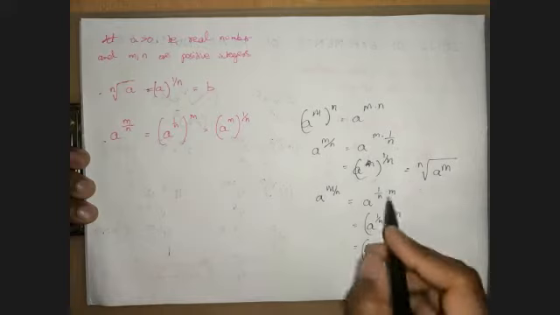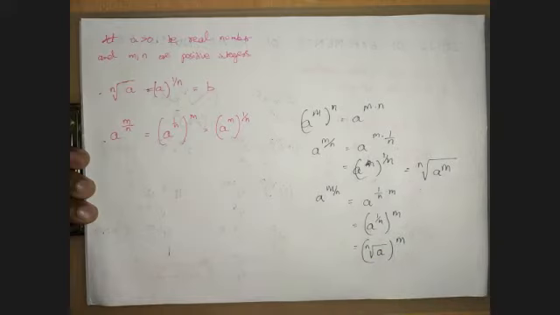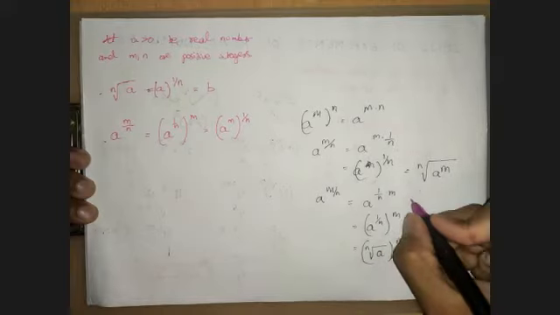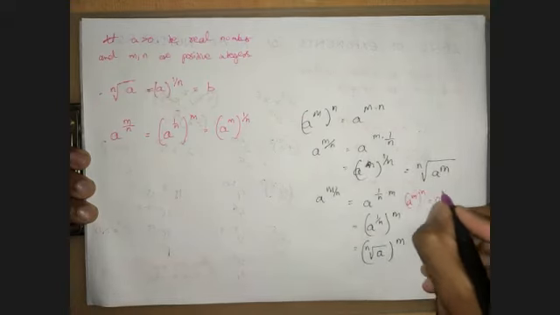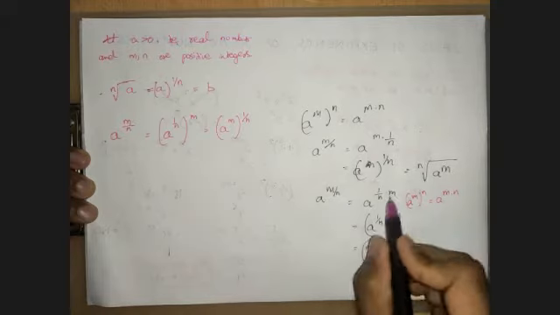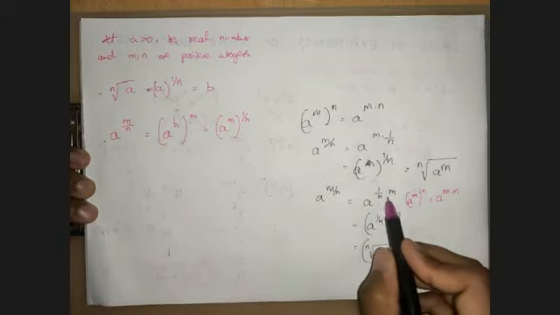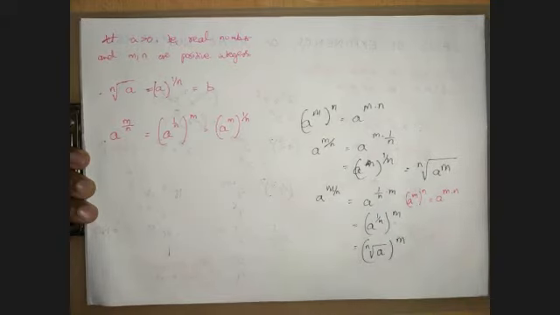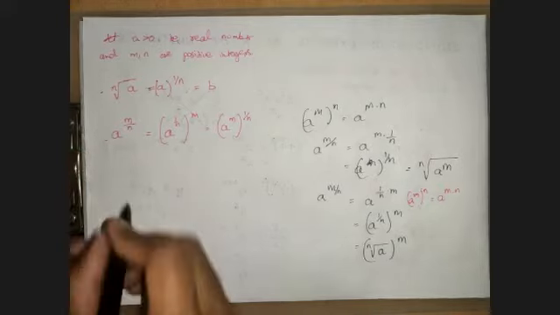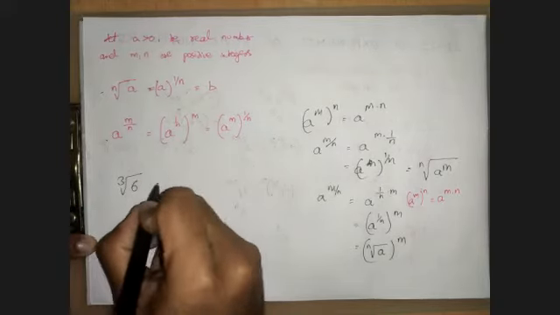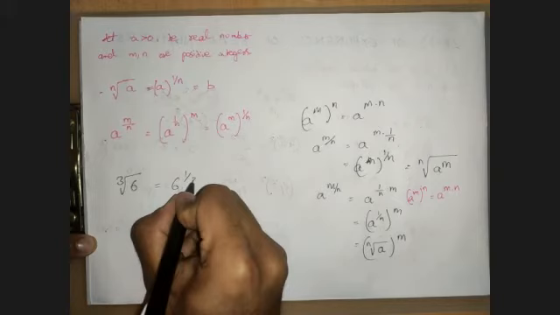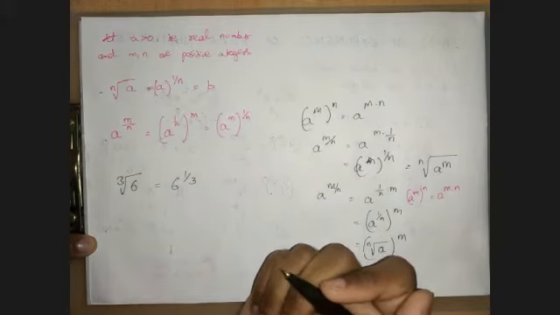So how am I writing this? We already looked at a formula that a power m whole power n can be written as a power m into n. That is how I am writing this form into this form. An example for this case is the cube root of 6 can be written as 6 power 1 by 3.